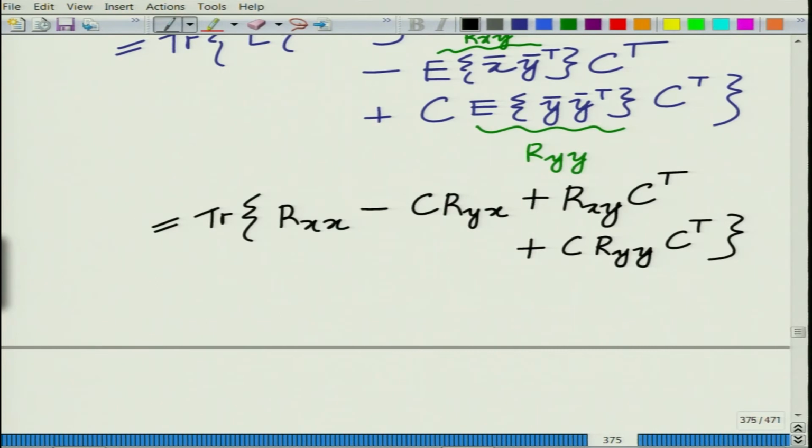This is the succinct expression that you get in terms of the various covariances, that is you have R x x, R y y, and also importantly note the cross covariances R x y, R y x.